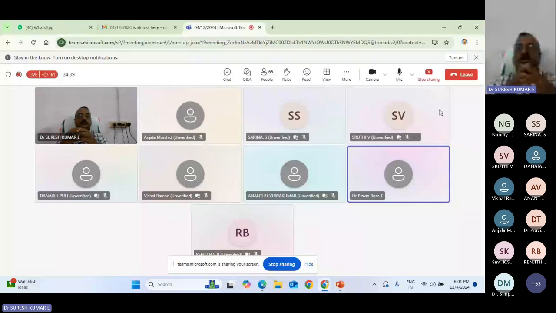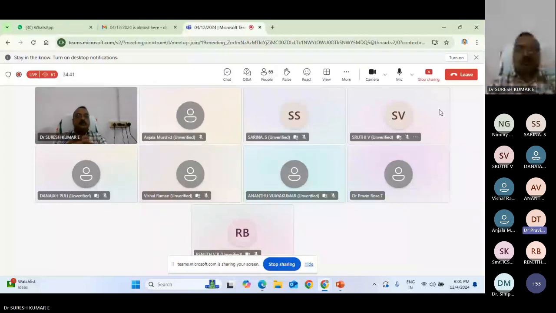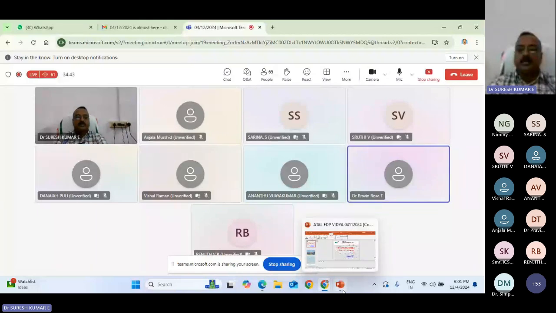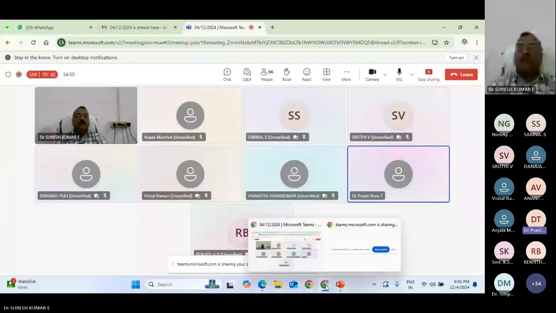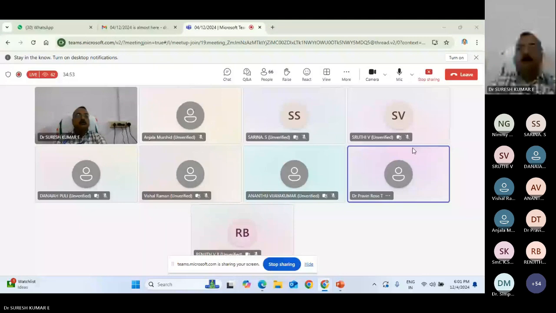Okay, okay. Can you see my slide? In full screen? No, sir, it is not in the full screen slide. Okay. So I'll put it in the share screen window. Is that window or entire screen? Window, okay. Then select the PPT, sir.